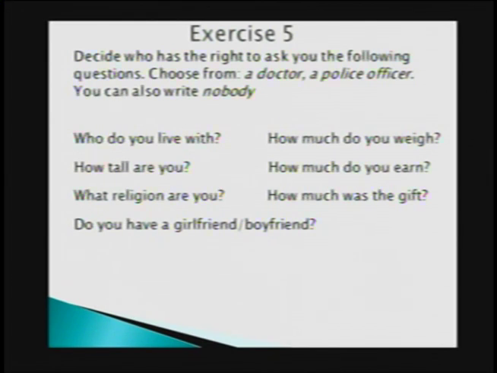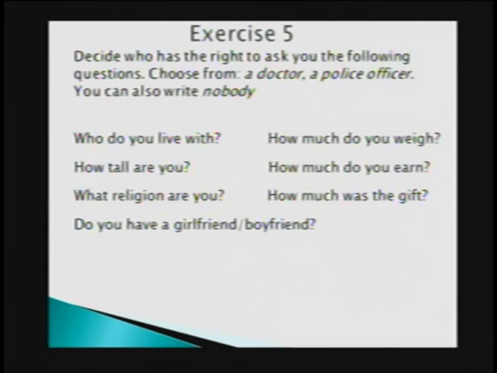So, question number 1. Who do you live with? Can the doctor say that? I'm not very sure. Maybe if the doctor is asking for information about a disease and he wants to know if other people in the house has it, I think he might ask you that.